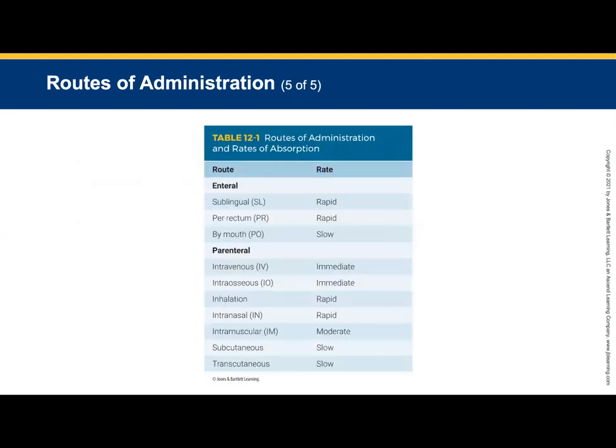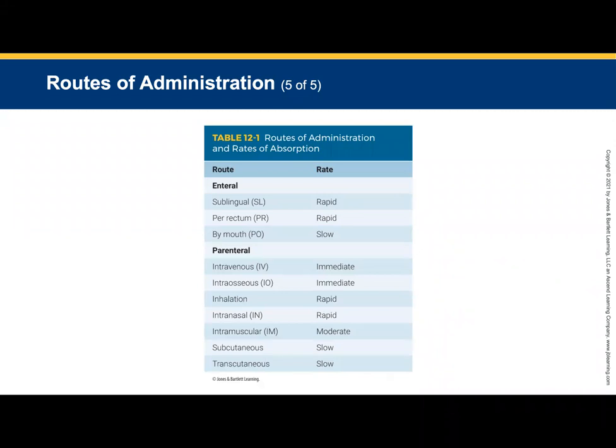I'm going to show you this last slide, then we'll take a quick break. This is the same thing that's in your books. I just wanted to make sure y'all understand the different abbreviations: sublingual, per rectum, by mouth, IV, IO, IN, IM, sub-Q, and continuous.